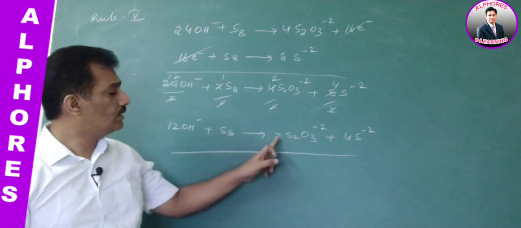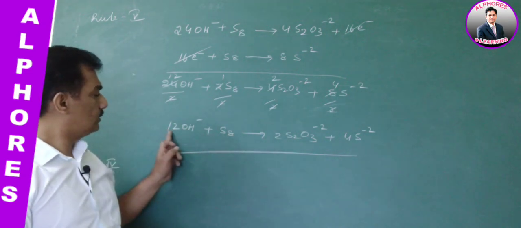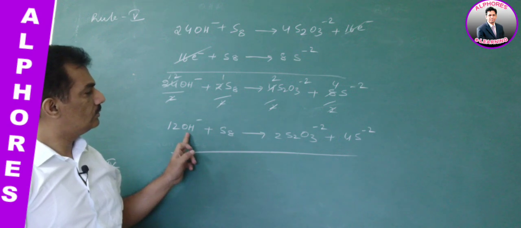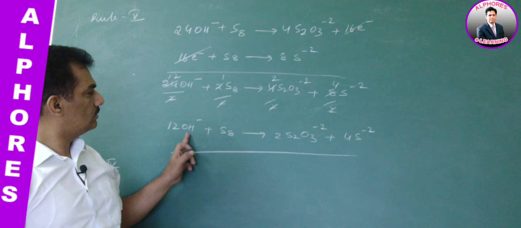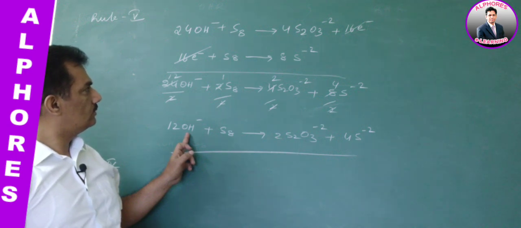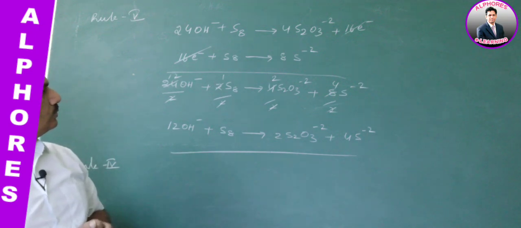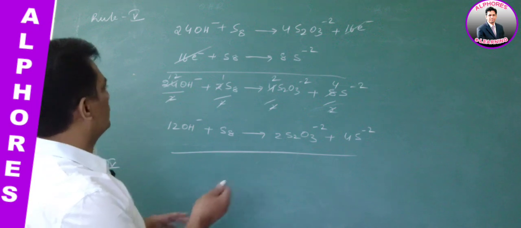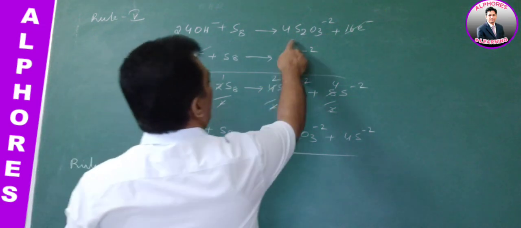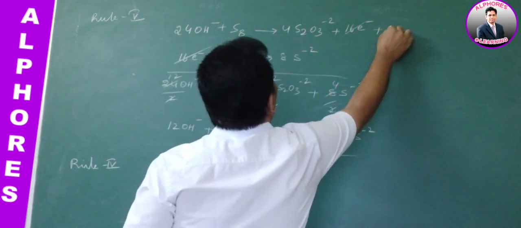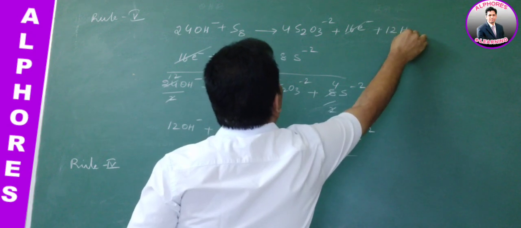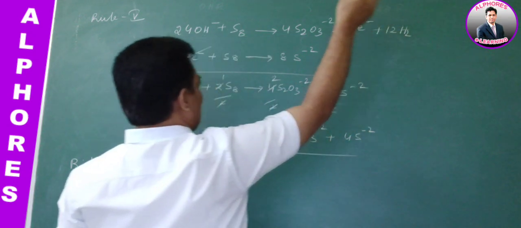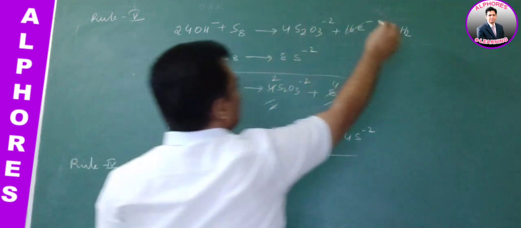12 oxygens here. Along with this, 12 H2O is also there. Is it not?